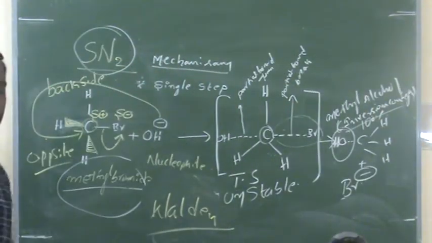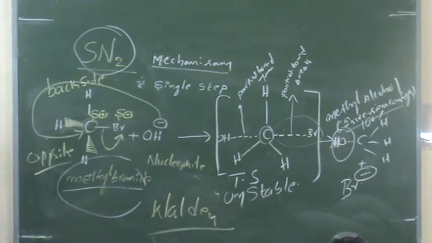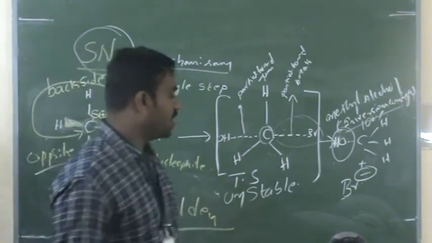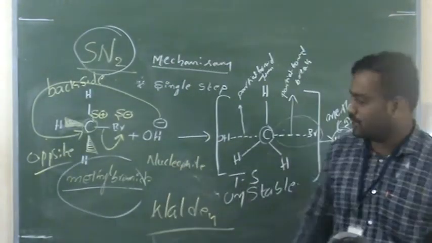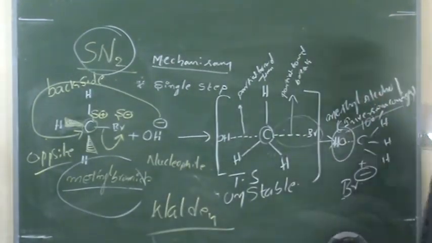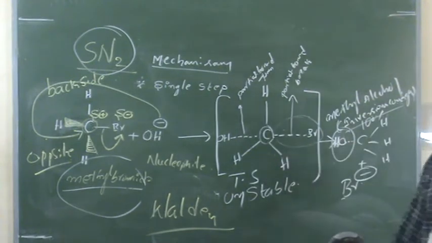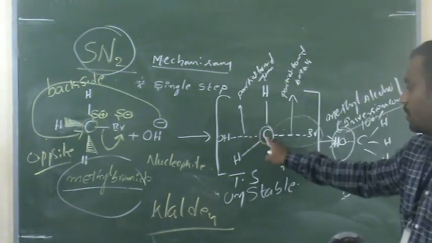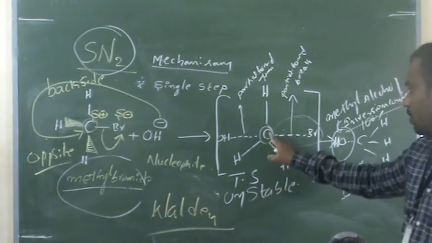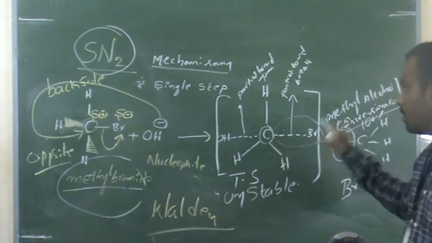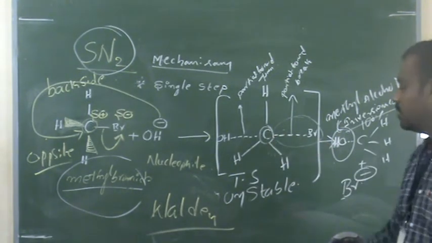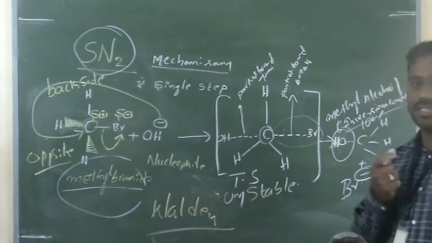I hope you understand. What type of sentences do you have to write here? First, when methyl bromide reacts with OH minus, there is formation of an unstable transition state. In that unstable transition state, there is a partial bond formed between the carbon and oxygen, and a partial bond break between the carbon and Br. This transition state is unstable.